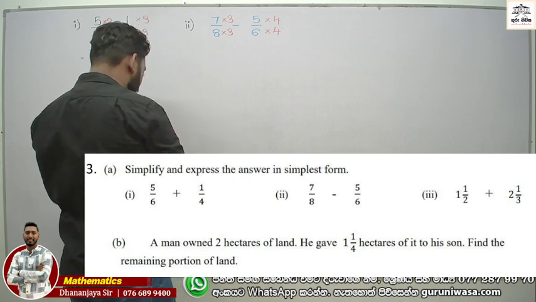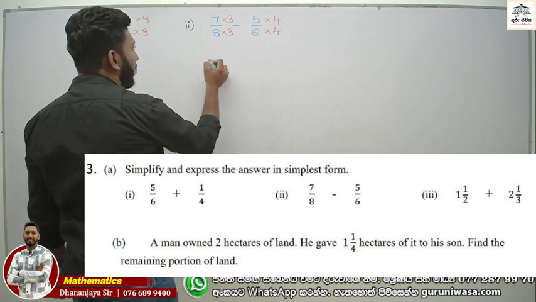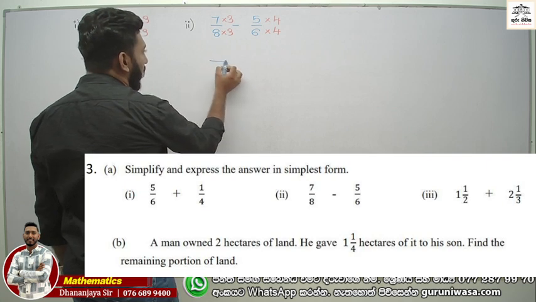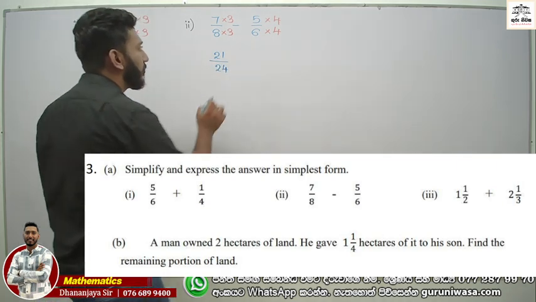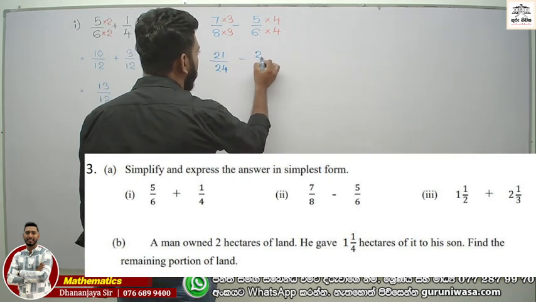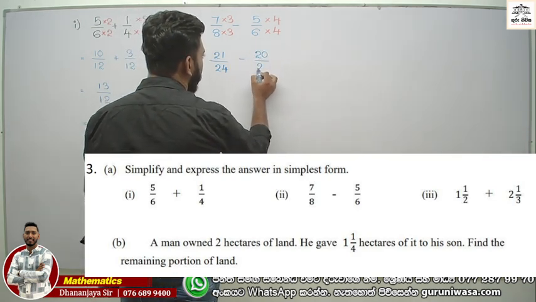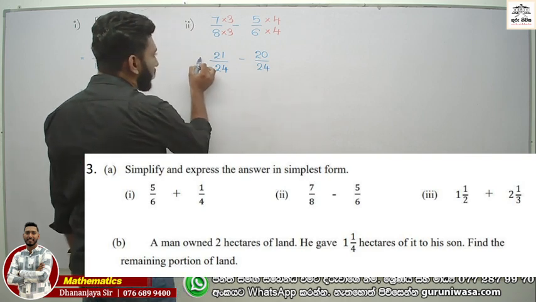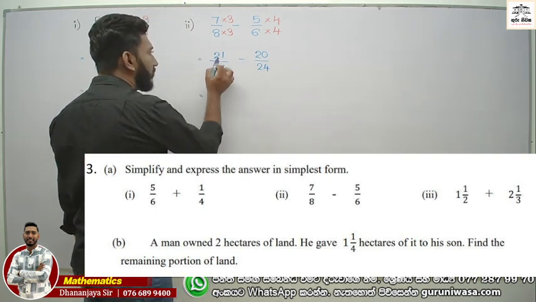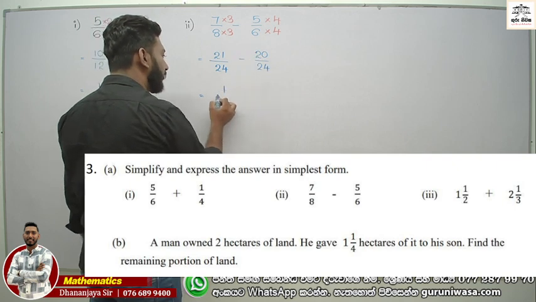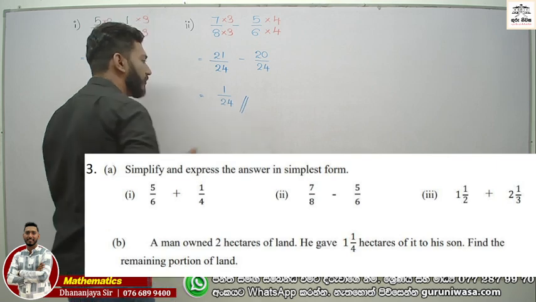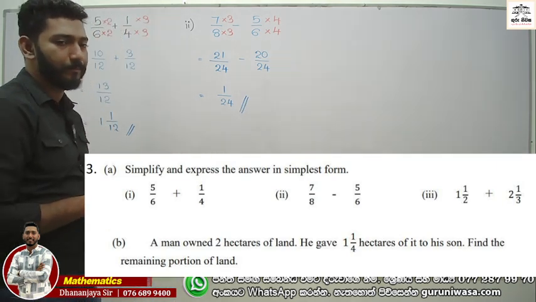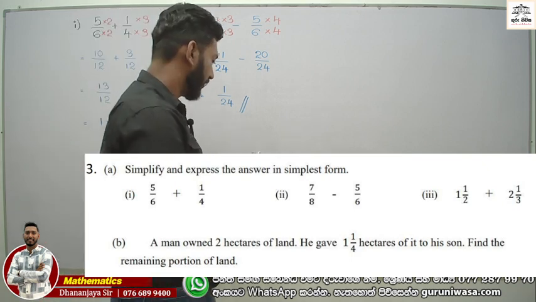Now 7 times 3 becomes 21 out of 24, minus 5 times 4 is 20, 6 times 4 is 24. Now you can simplify, and you know 21 minus 20 is just 1. 1 out of 24, 1 over 24.